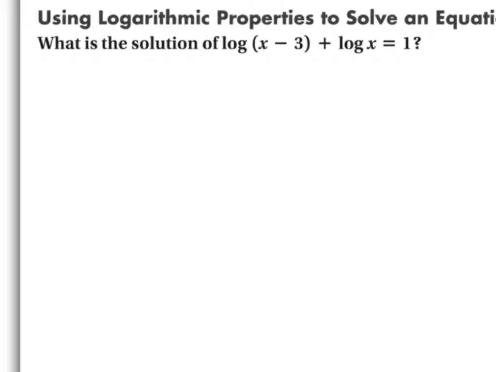So, if we have logarithms with the same base added together, how do we combine them? We multiply these two pieces together. So we now have log x minus 3 times x.